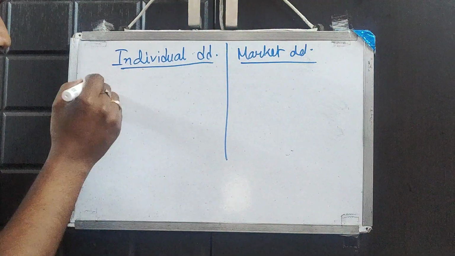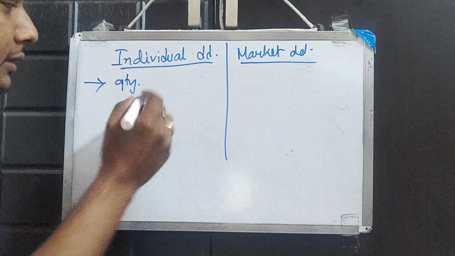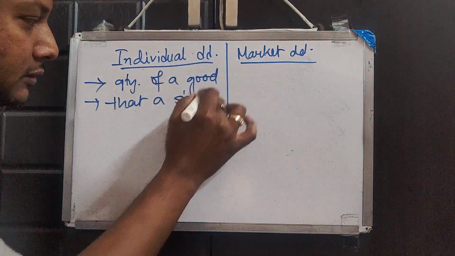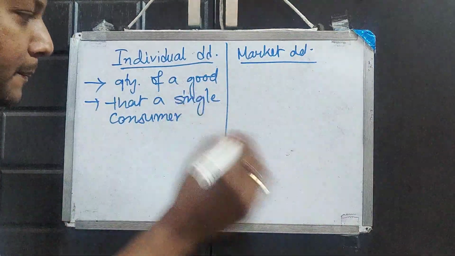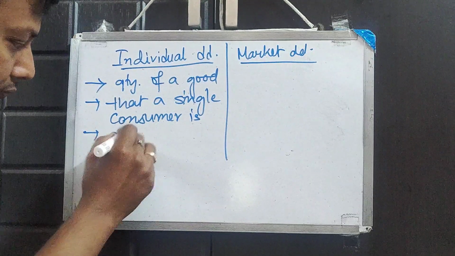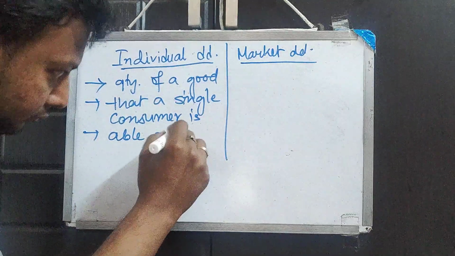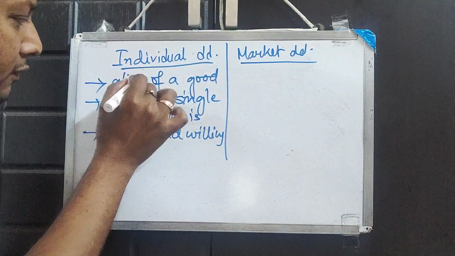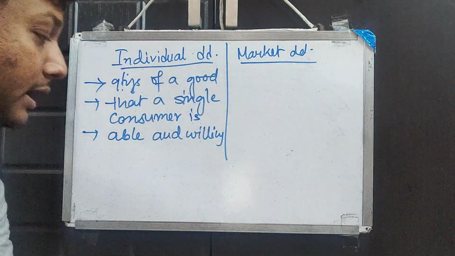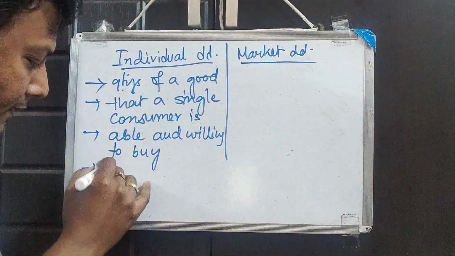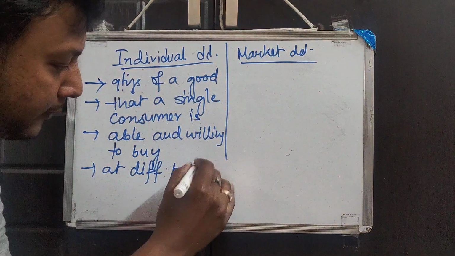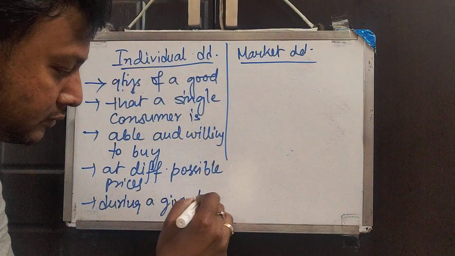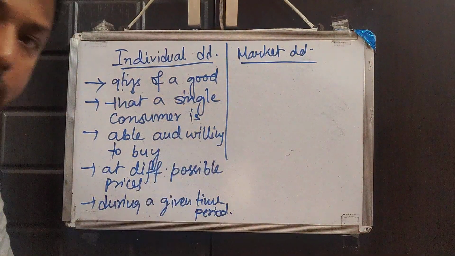Individual demand means quantities of a good that a single consumer is able and willing to buy at different possible prices during a given time period.